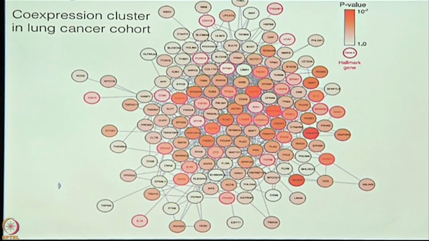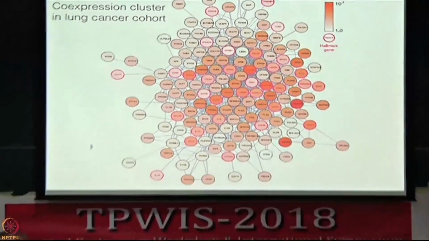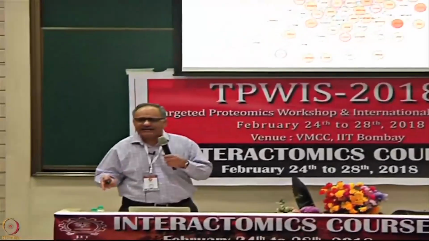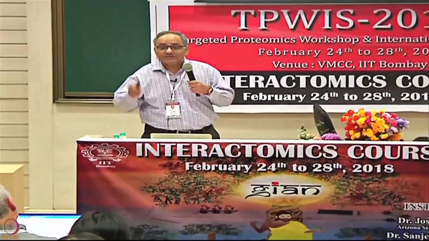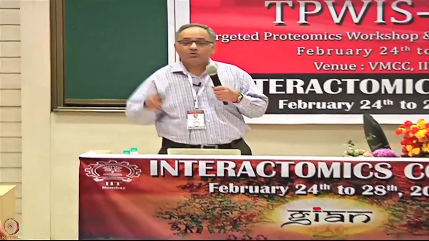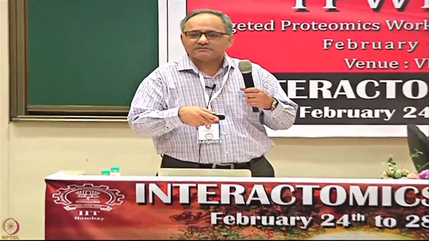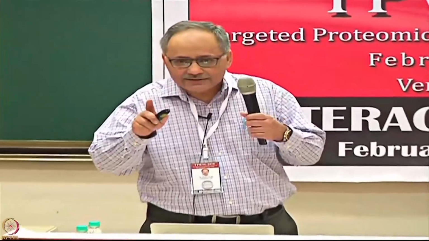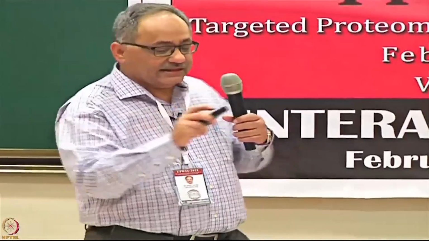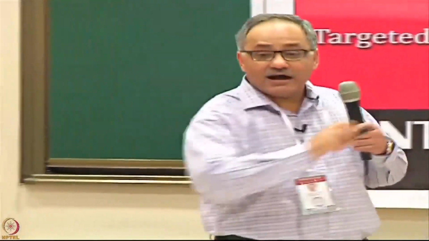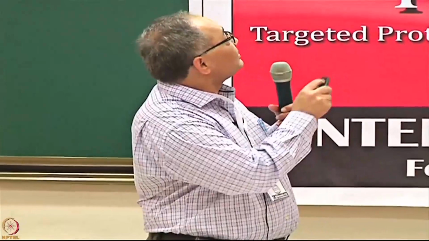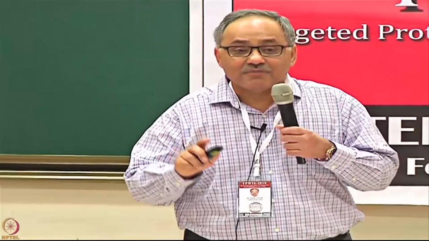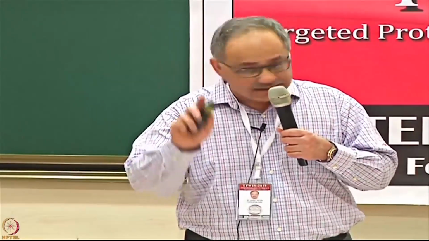And therefore, it's a speculation that when prognostic genes affect a cancer, that 50 of them, 100 of them, or 500 of them, who are the really bad guys? Who are the drivers? And who are the passengers? So it's tempting to speculate that these guys in the middle are the drivers and the ones at the periphery are the passengers. But it's only a speculation, and that's where it should stay for now.